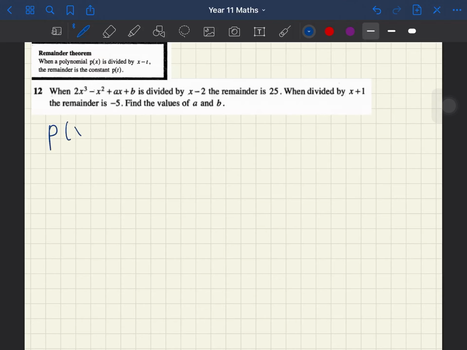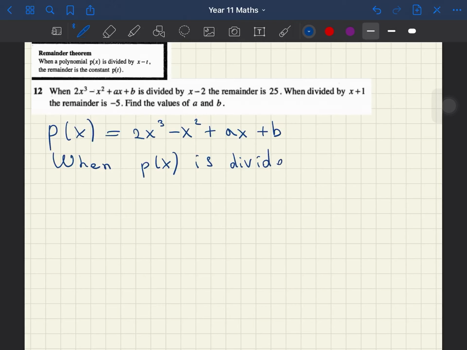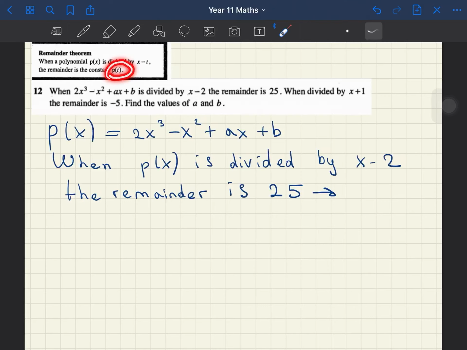When a polynomial p of x, which is 2x cubed minus x squared plus ax plus b, is divided by x minus 2, the remainder is 25. It means that 25 is our p of t.